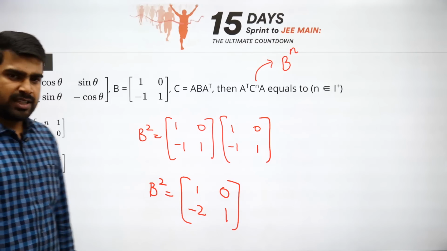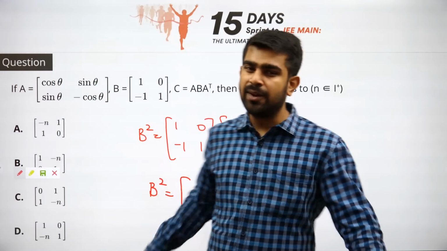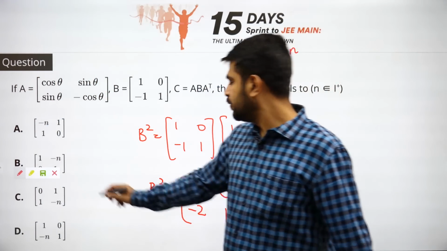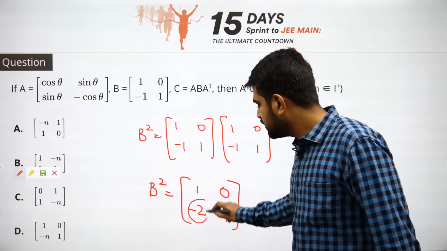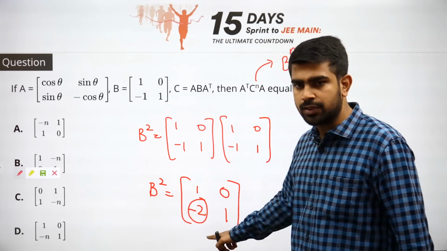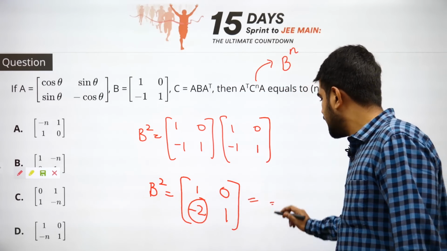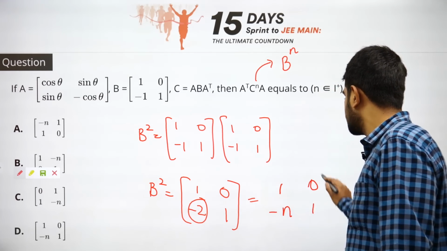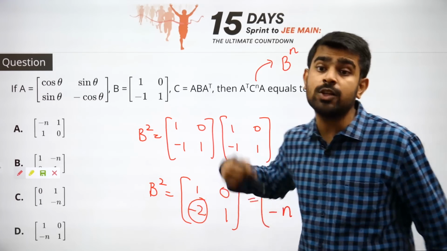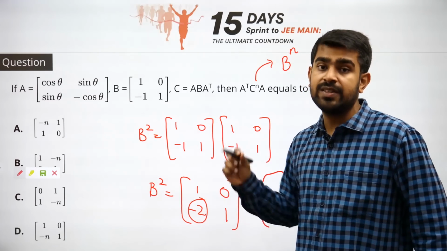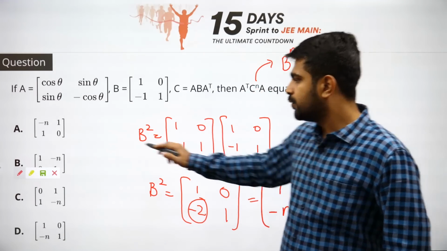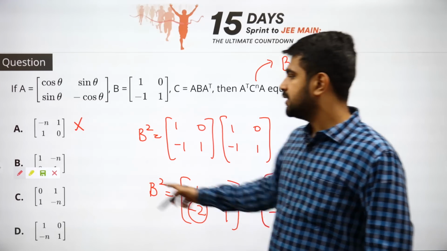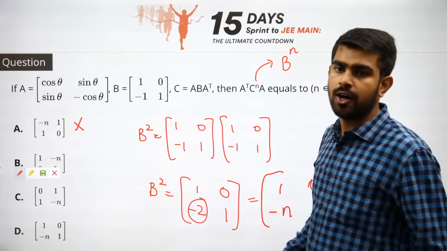So guys, if I was solving this in an exam, I would not go further than this. I would never go further than this because first option, this is minus 2, right? So B square is minus 2. So I would probably guess it is 1 minus n 0 1. Okay. Let me check if there is any contradiction in the options. So the first option is obviously wrong, because this should not be 1 or 0 or anything else.